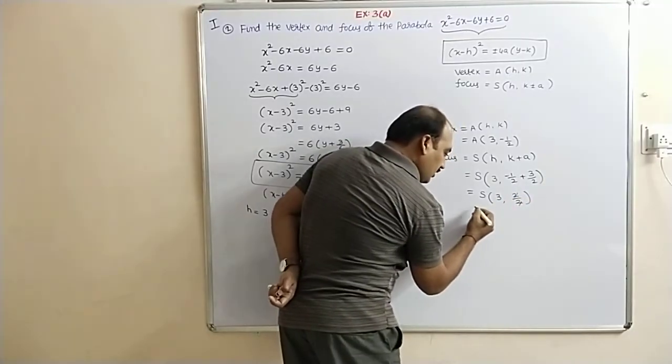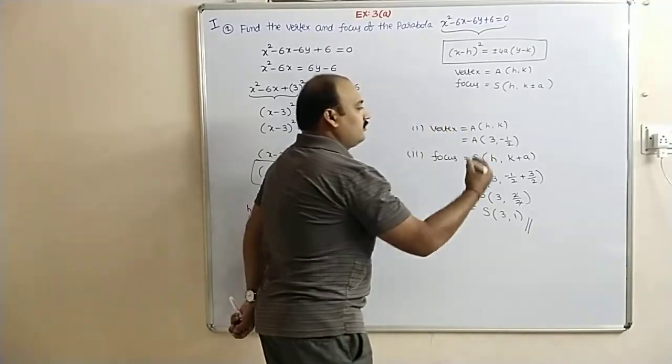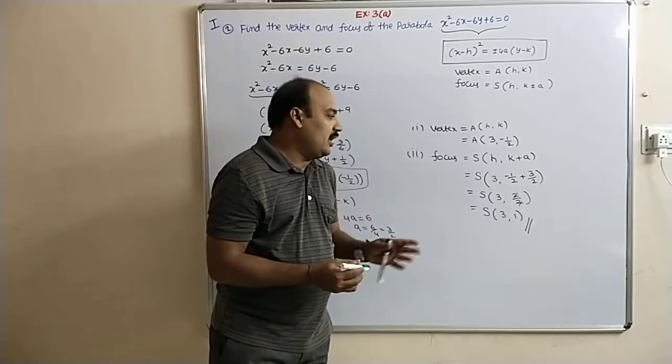So which is equal to 1. So S of 3 comma 1. So vertex and focus we calculated.